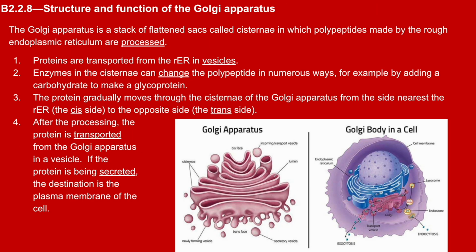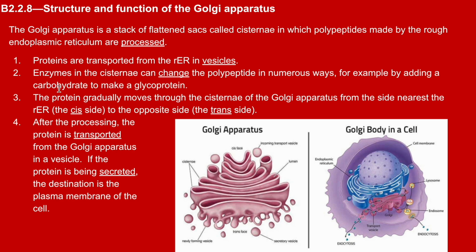The Golgi apparatus, our UPS. Remember, proteins are going to arrive in vesicles from the RER. Those vesicles then are going to fuse with the cis face of the Golgi, and they're going to bud, fuse, bud, fuse, bud, fuse all the way through. As they go, enzymes that are in the cisternae, which just means these membrane sacs, are going to be able to modify and change that polypeptide.